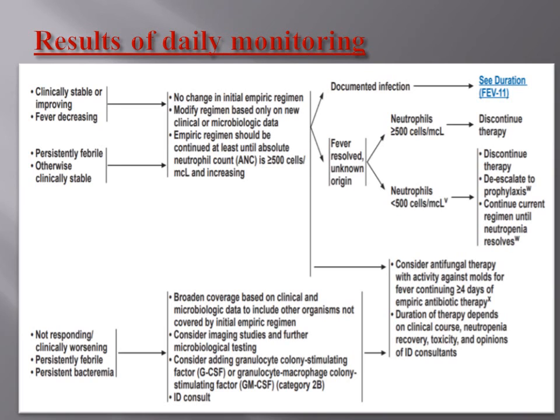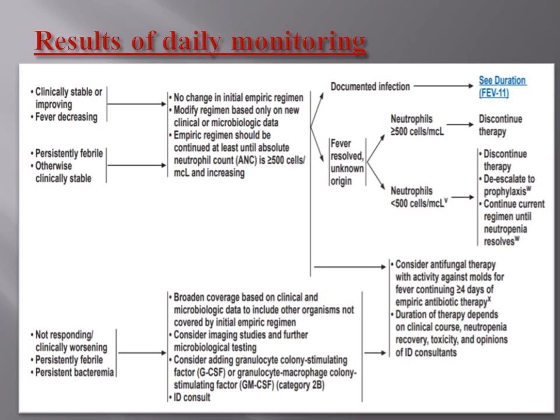Results of daily monitoring. For patients who are clinically stable or improving and fever decreasing with neutrophil count more than or equal to 500 per cubic millimeter, I can discontinue the therapy. And if the neutrophil count is less than 500 per cubic millimeter, I can either discontinue the therapy, de-escalate to prophylactic antibiotic therapy, or continue the current regimen until neutropenia resolves.